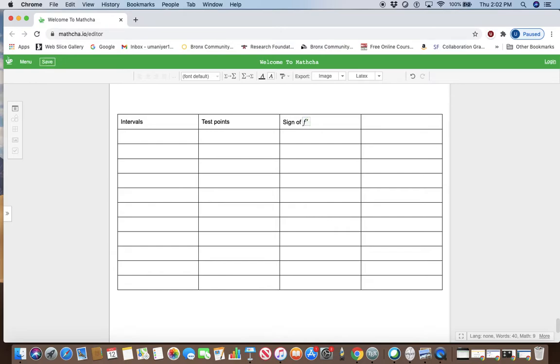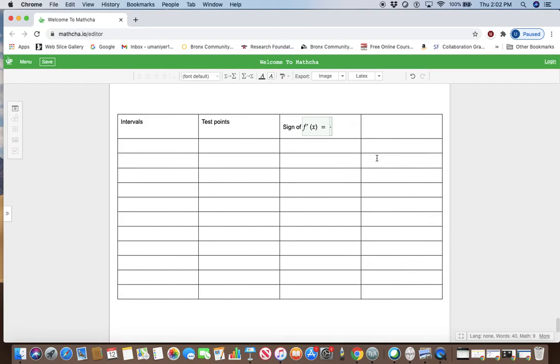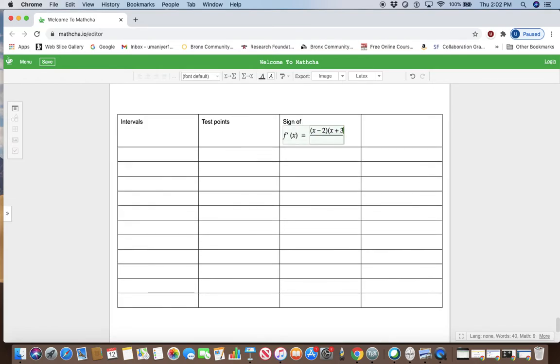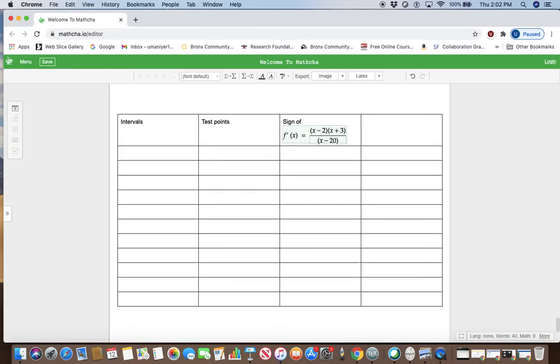So f prime of x is, I don't know, a fraction: x minus 2 times x plus 3 divided by x minus 20. I just threw in something. So my intervals here are, the function f is increasing or decreasing, right?